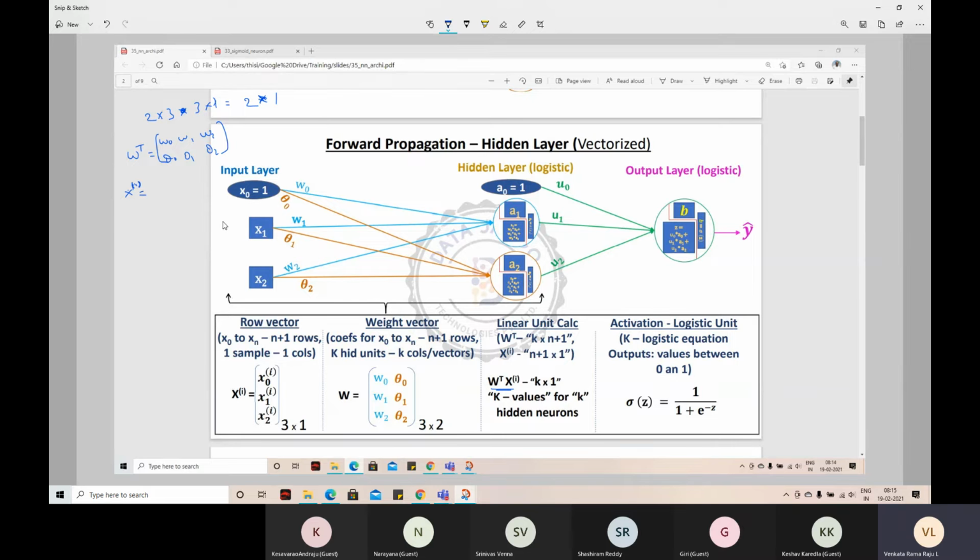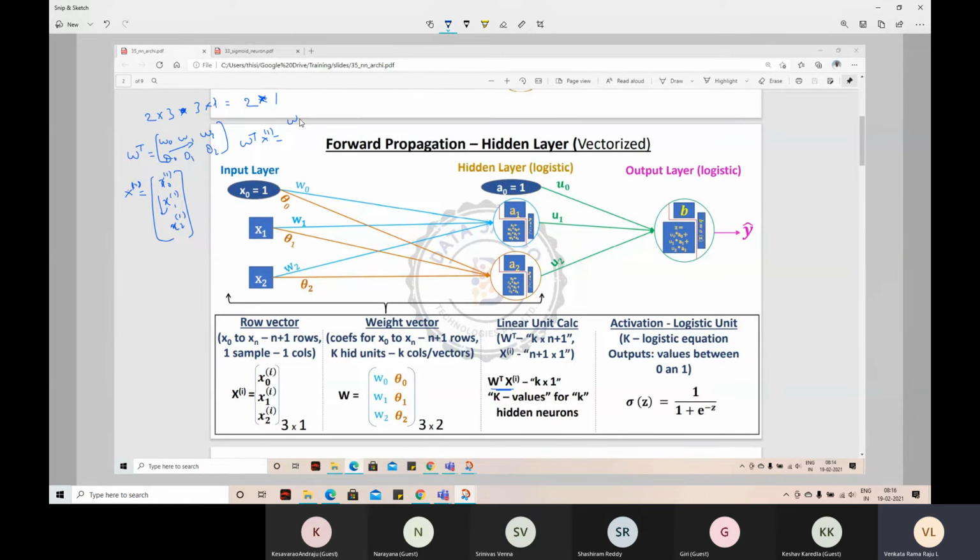I am passing one record at a time. That is stochastic gradient descent. So x0 of 1 is the first record, x1 of 1 the first record's second value, x2 of 1, up to xn. When I multiply W transpose xi, W transpose x1, this row multiplies this column.